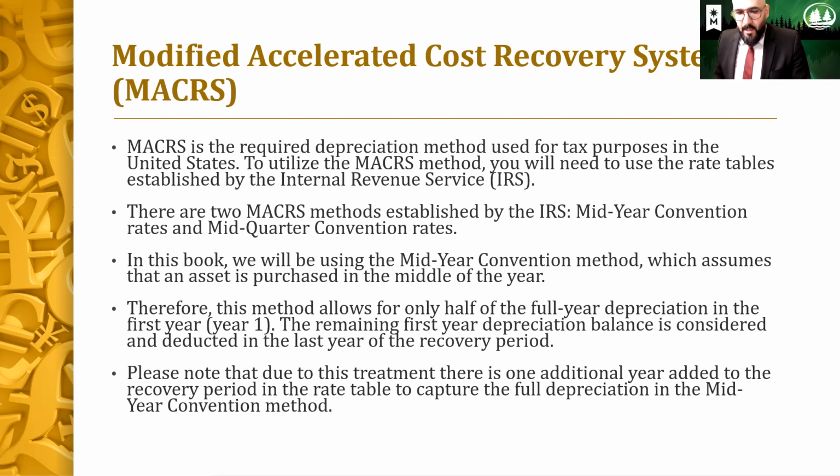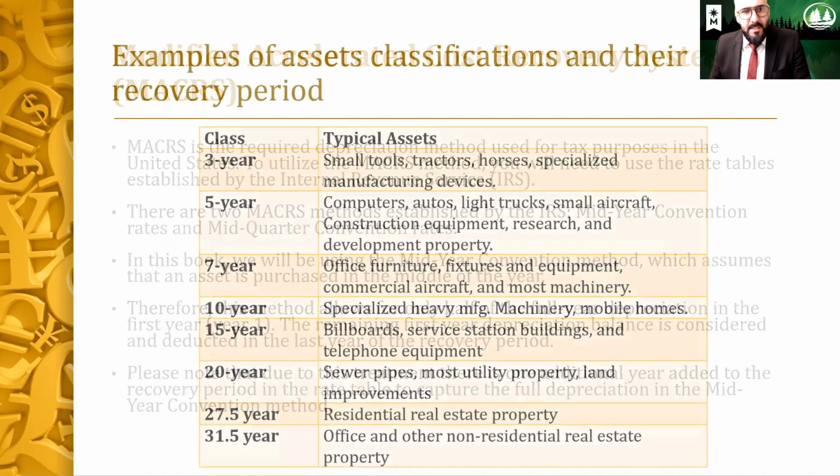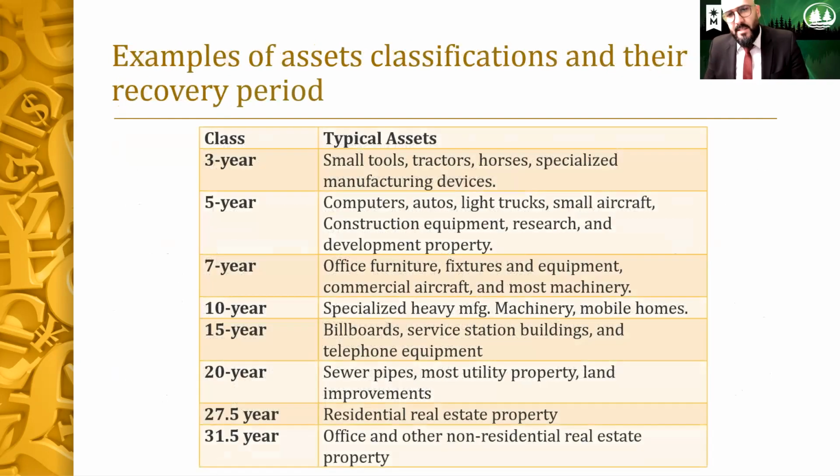All right, let's take a look at the first table developed by the IRS, which gives examples of asset classifications and their recovery periods. In this table, you will see some of the assets and the recommended recovery period. Small tools, tractors, horses, and specialized manufacturing devices should have a 3-year recovery period.